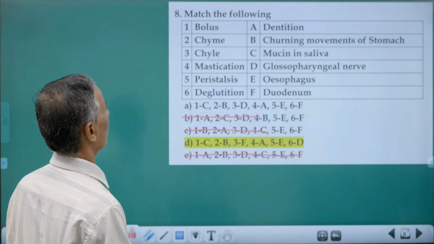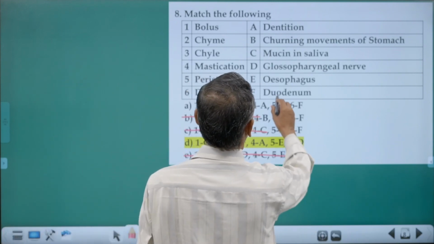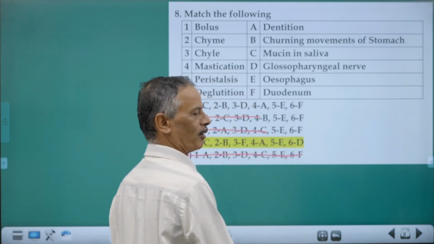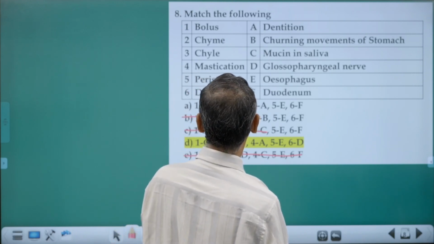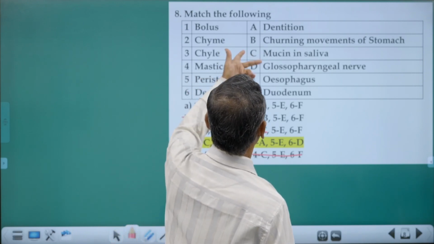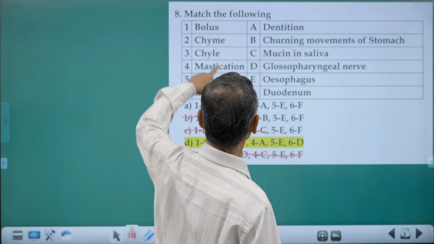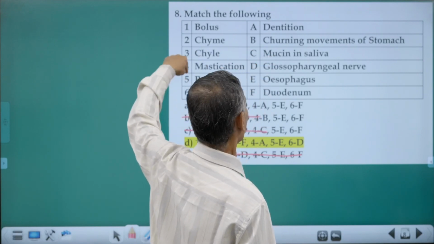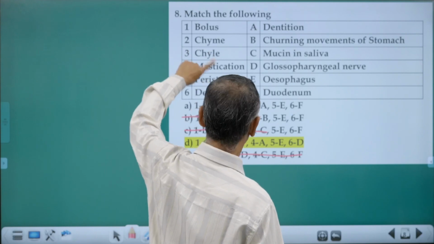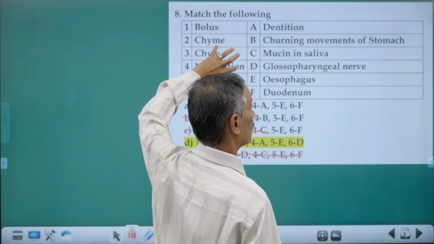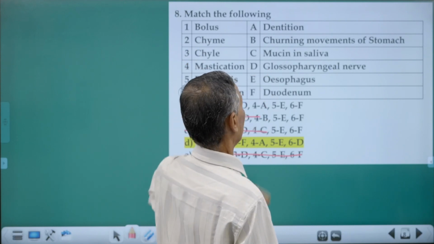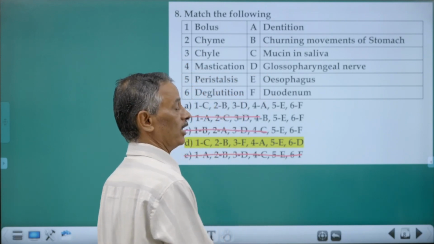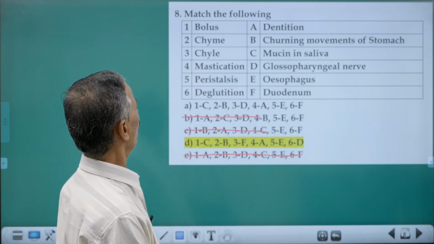Reaching the duodenum, the chyme that comes from the stomach mixes with the secretions of the pancreas as well as bile, and that forms the liquid part in the duodenum.